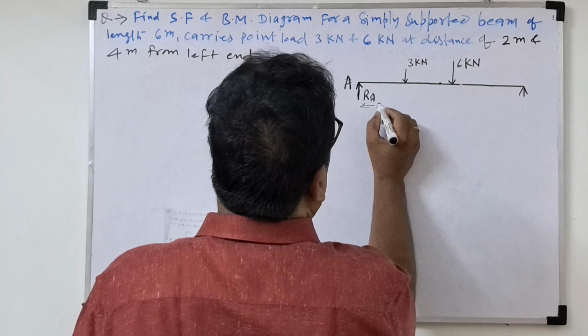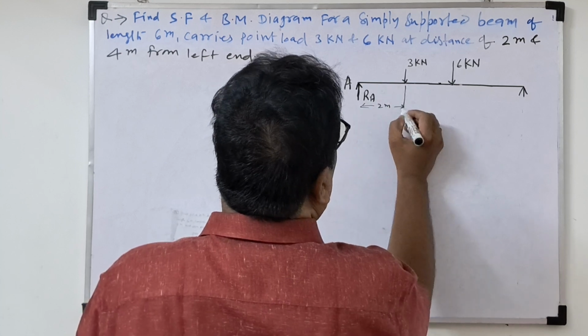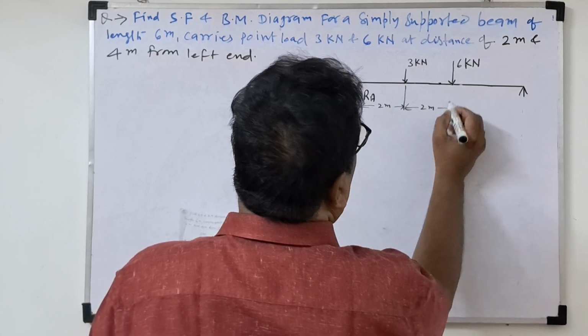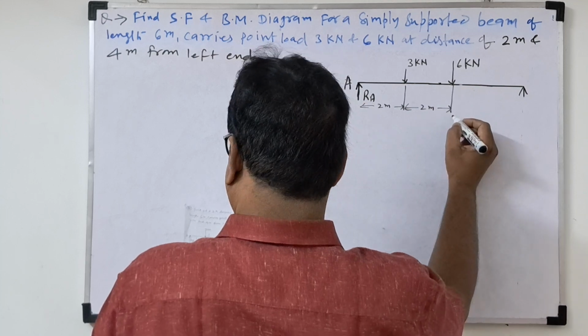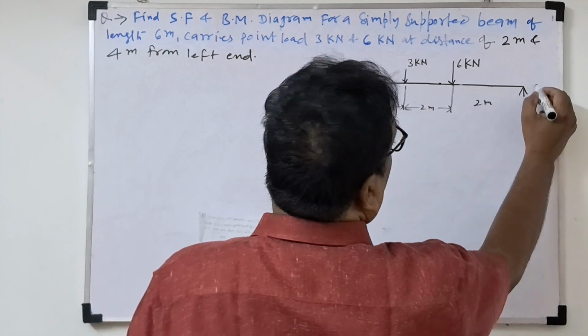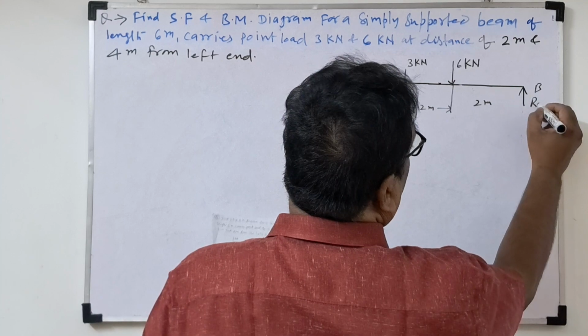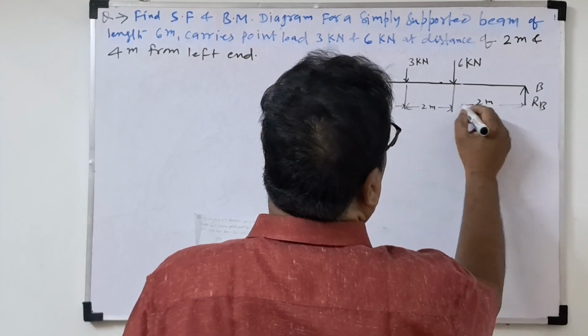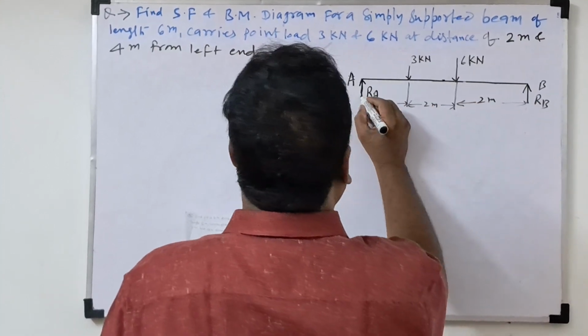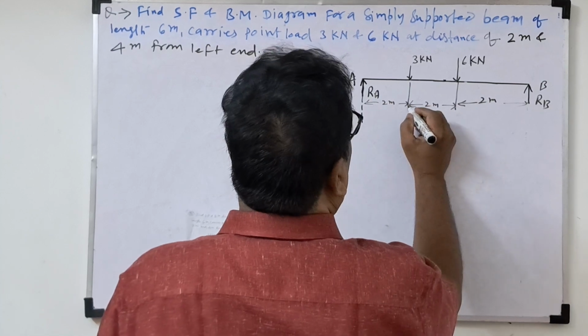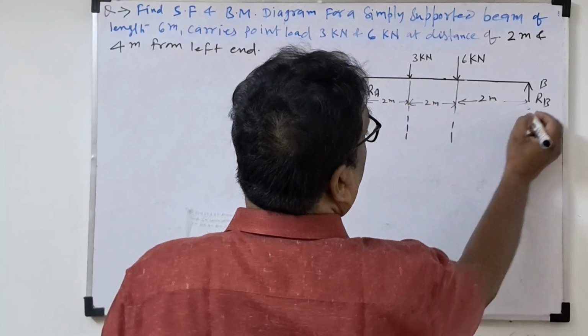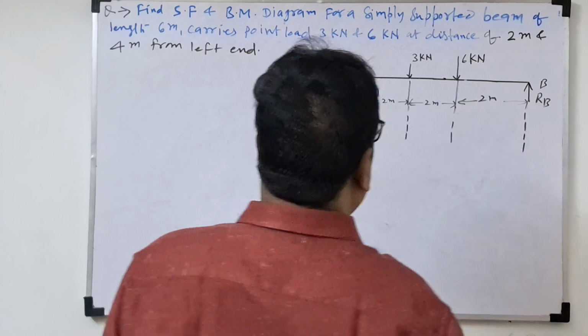So this distance is 2 meter, then this distance is also 2 meter because 4 meter is given, and the remaining distance is also 2 meter. This is point B, this is RB. The total distance they gave is 6 meter.